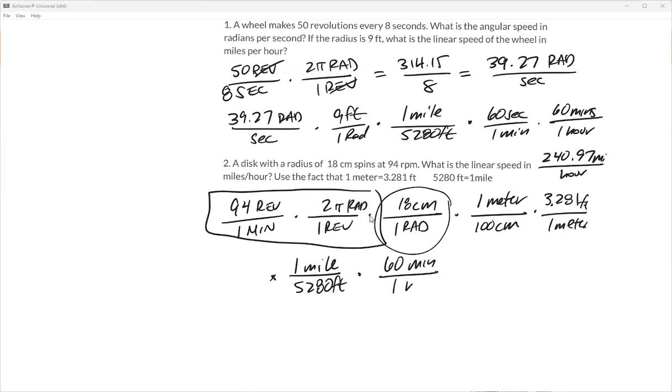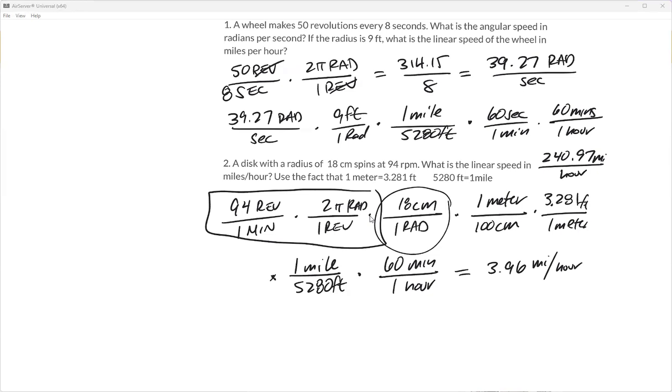Again, it doesn't have to be in this order. You just make sure you mention it. And so the final answer is 3.96 miles per hour. Make sure you show all your work here for these problems.